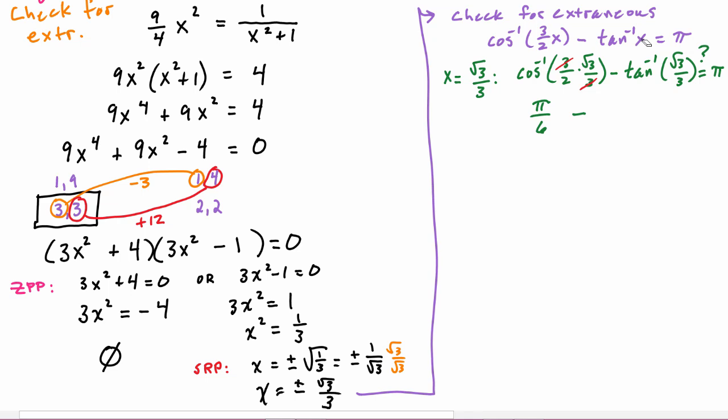So you are thinking of an angle such that the tangent of theta is radical 3 over 3, and theta must be between negative pi over 2 and positive pi over 2. And the only angle for which that is true is pi over 6. And we're asking, does that equal pi? Well, the left-hand side, pi over 6 minus pi over 6 is 0, and that definitely does not equal pi. So this is a no, and that is an extraneous solution. We have to throw it out.